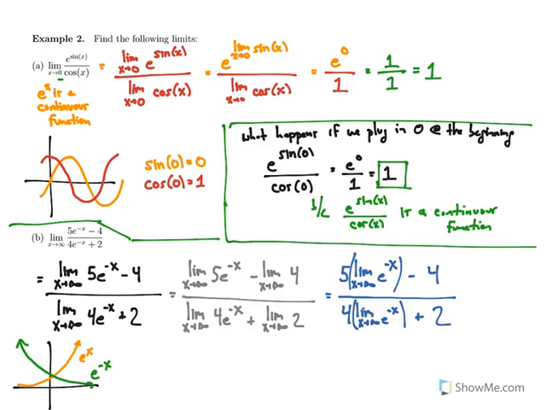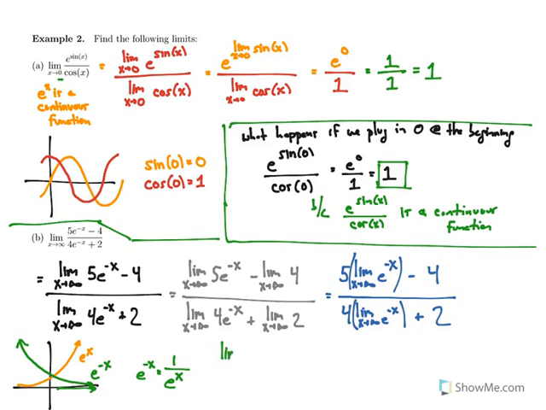And this means that as x approaches infinity, y is approaching 0. Another way to think about this is e to the negative x is the same as 1 over e to the x. Think about plugging in infinity. We think about the limit, it's like 1 over a really big number, which is going to be equal to 0.